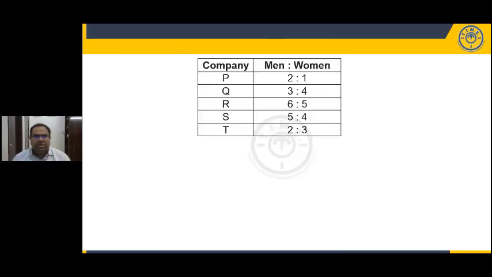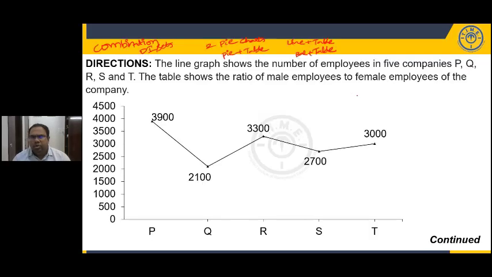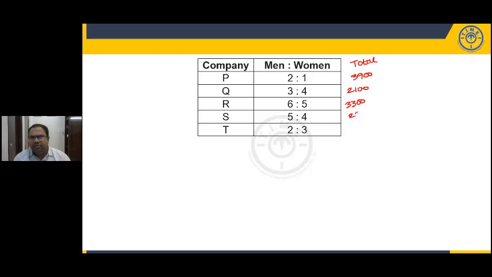P 3900 total. Just copy here. 3900. Q total 2100. 3300 is R. 2700 and 3000. I am writing these total values here.